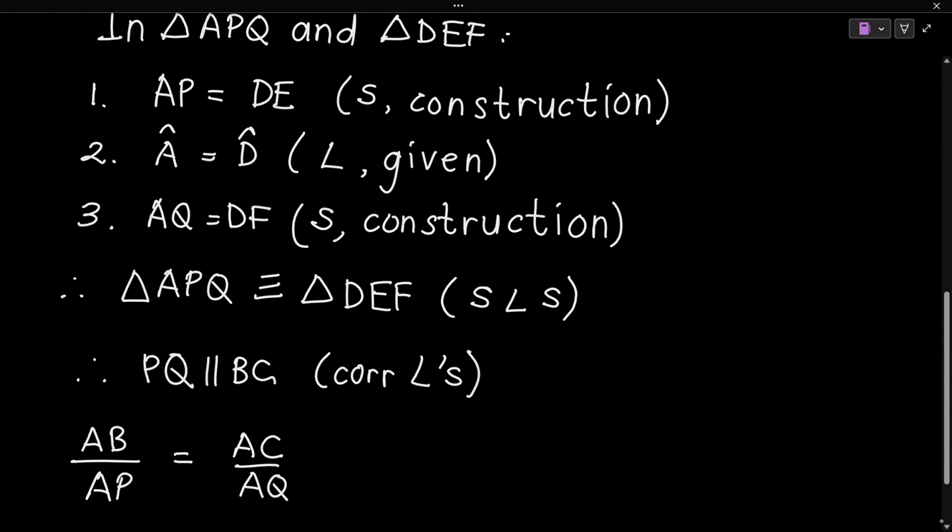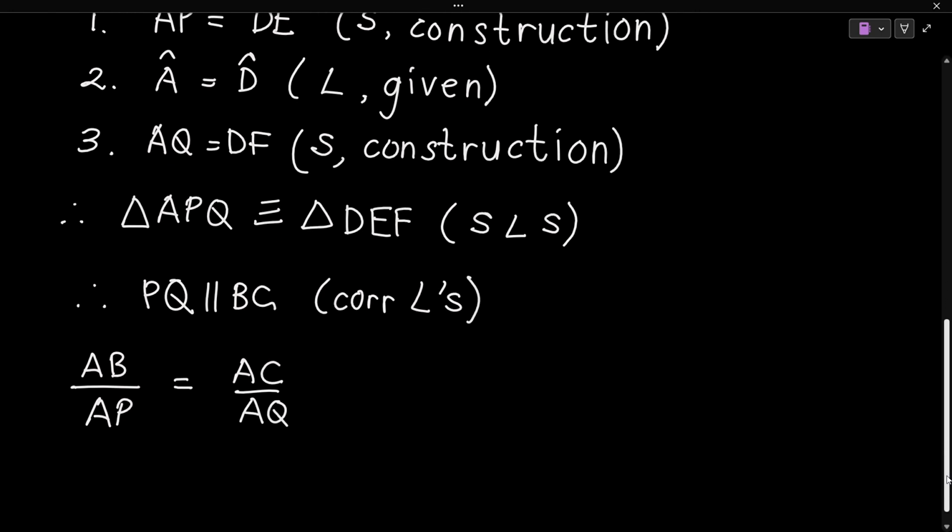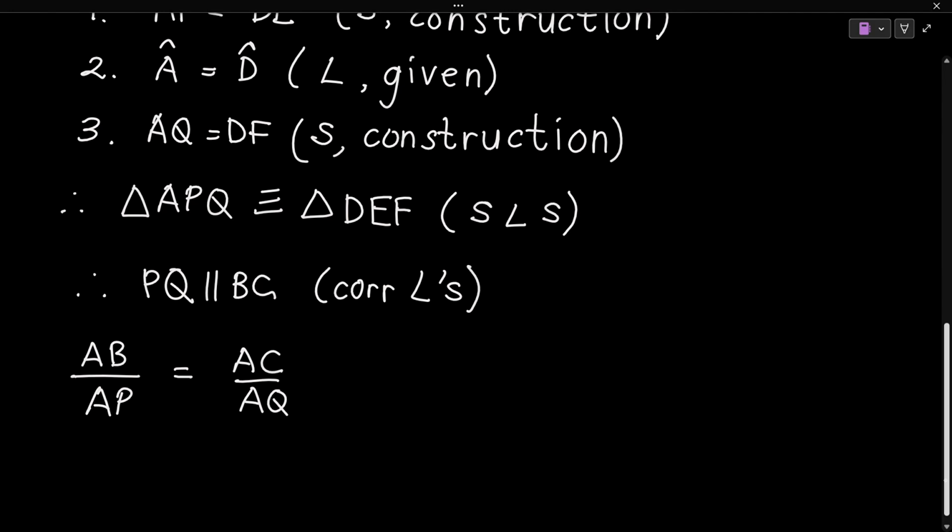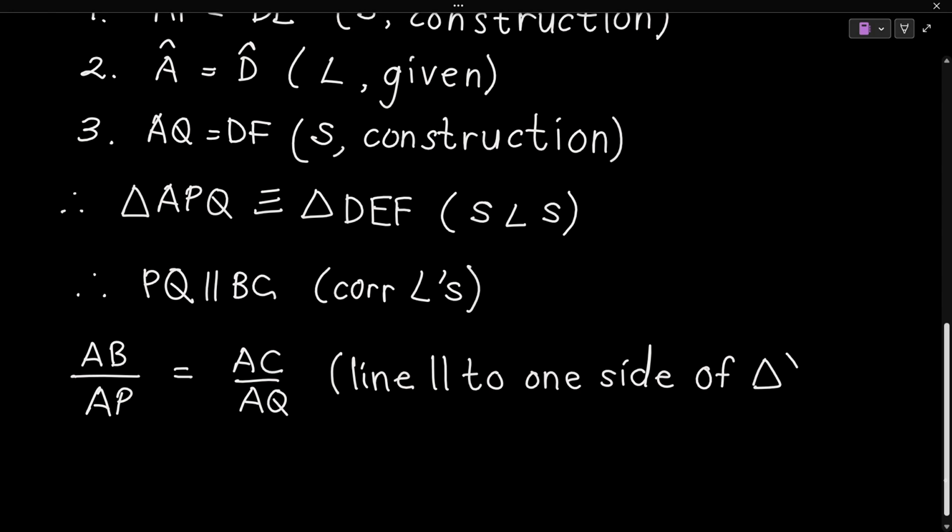And your reason here is that it's not exactly the proportionality theorem that we're trying to prove, it's the similarity theorem. So as our reason here, let's write out the line parallel to one side of the triangle.